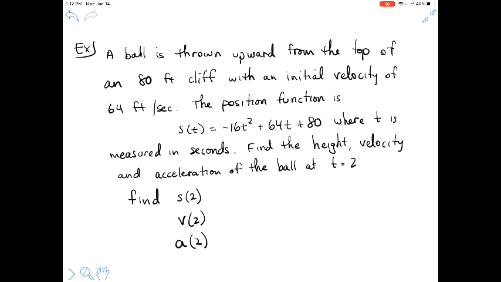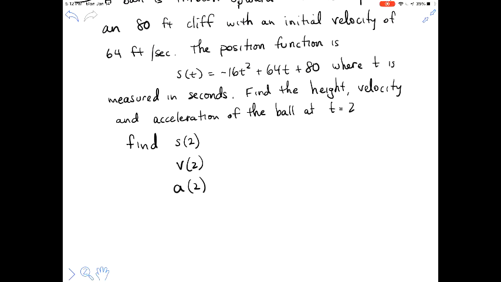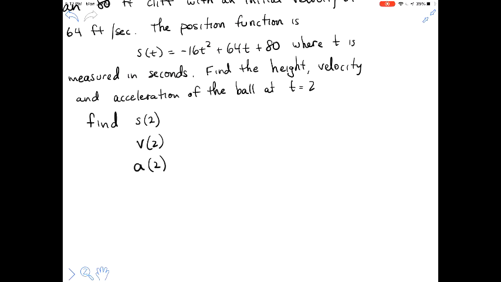To find the position of the ball after 2 seconds, we can just use the position function. So s of 2, plug 2 in for time into the position function. Negative 16 times 4 is negative 64. 64 times 2 is 128.